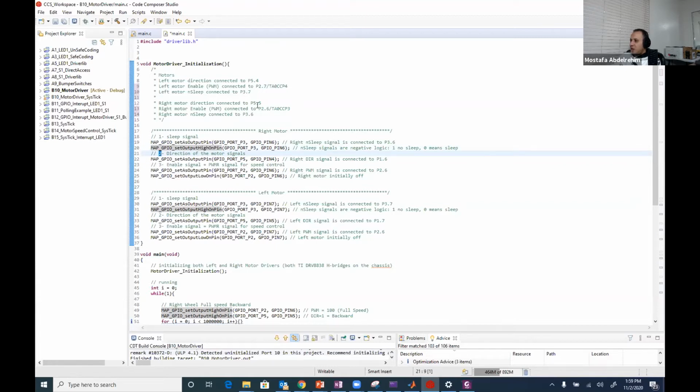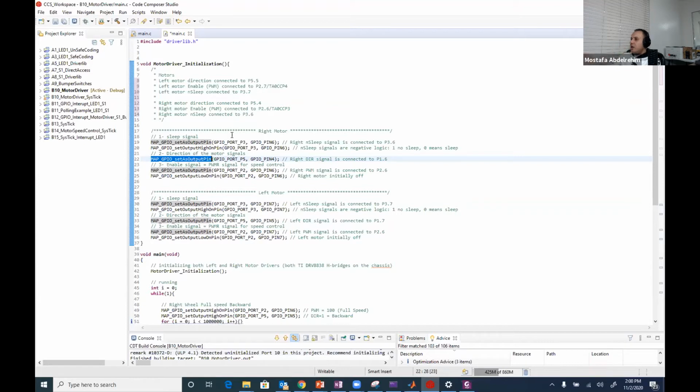Now the 2.6 or 5.5 for the direction, 5.4, this is 5.4, and this is 5.5. So the right motor direction is through pin 5.4. So we're gonna set it as output pin. Okay.